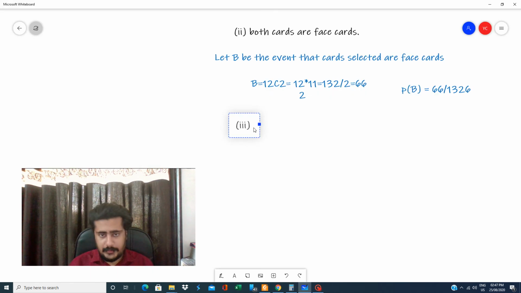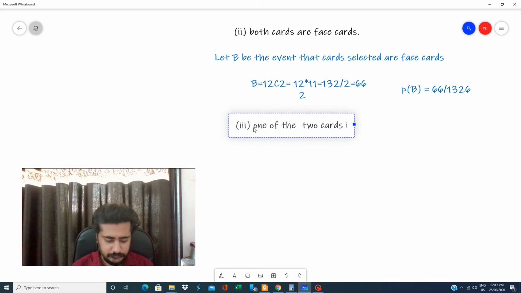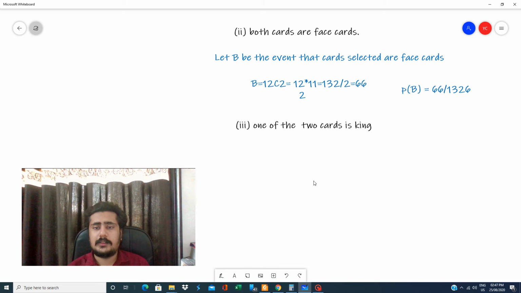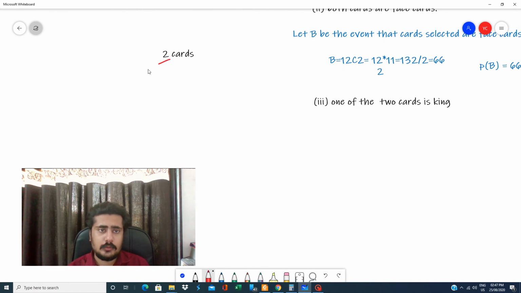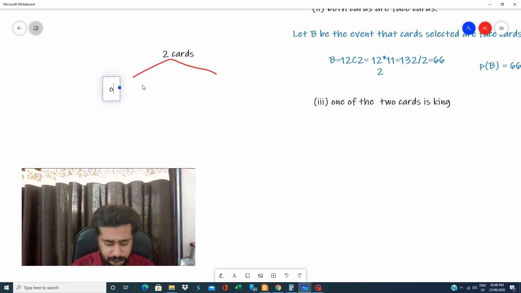Now, one of the two cards is king. You need to understand this particular question. They are saying that one of the two cards is king. You have to select two cards. Out of these two cards, they are asking you that one should be king.